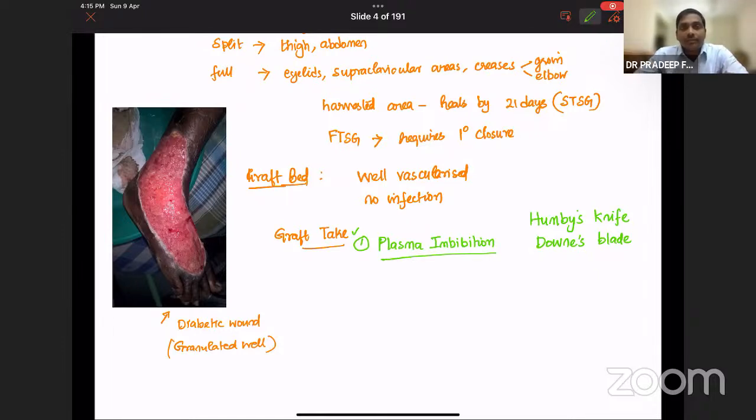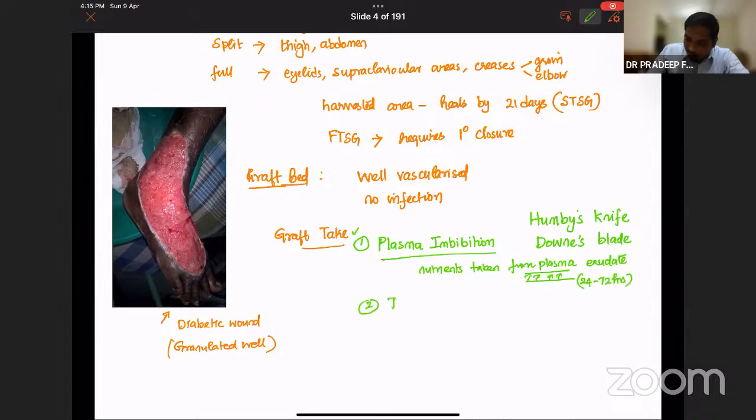Initially, the graft takes nutrients from the exudate happening between the graft and the wound bed. So the nutrients for the graft will be taken from the plasma exudate. This is called the stage of plasma imbibition. It usually happens up to 24 to 72 hours.